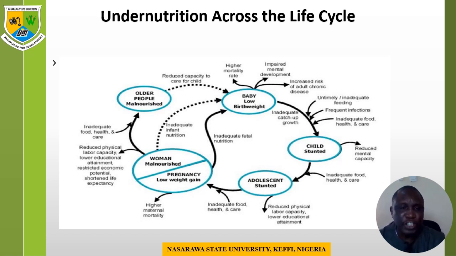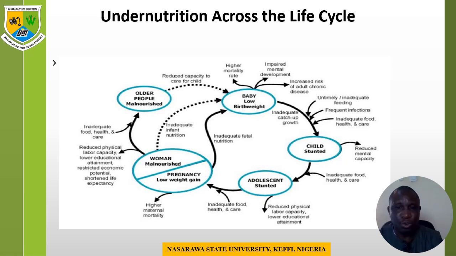This develops into a malnourished woman, and if she is pregnant and not given the right food, she gives birth to a low birth weight child. And if she is not pregnant and becomes older, she becomes a malnourished older individual. So it is a cycle, a generational cycle effect of malnutrition. It can be generational. So what we need is to break the links.